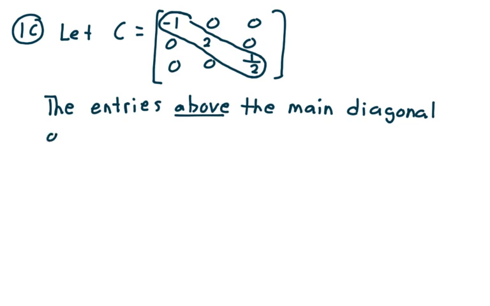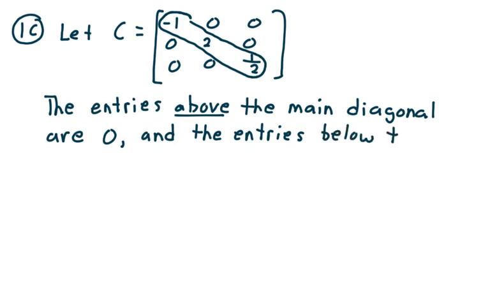The entries above the main diagonal are 0, and the entries below the main diagonal are 0.